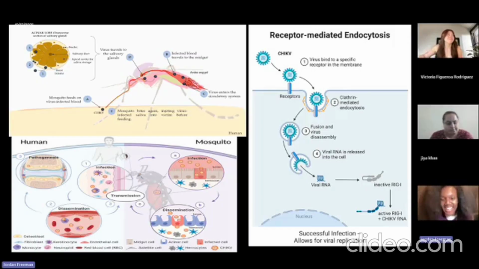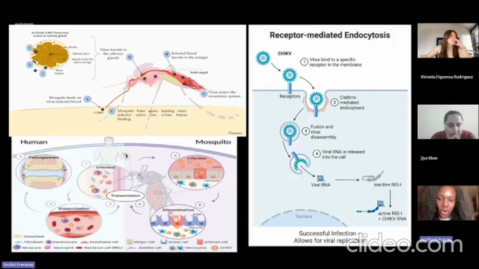Once it's inside, the virus releases its RNA, which is like a set of instructions. Because the RNA is positive sense, the cell can immediately read it and start making viral proteins. First it makes non-structural proteins that form the replication complex, a kind of virus-making factory.